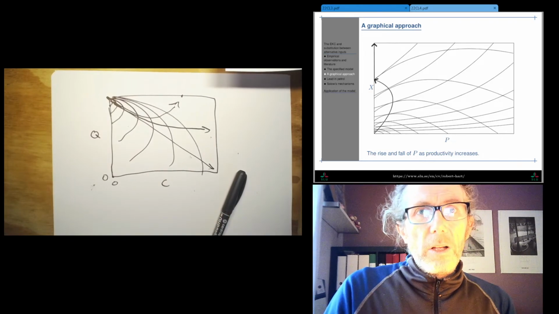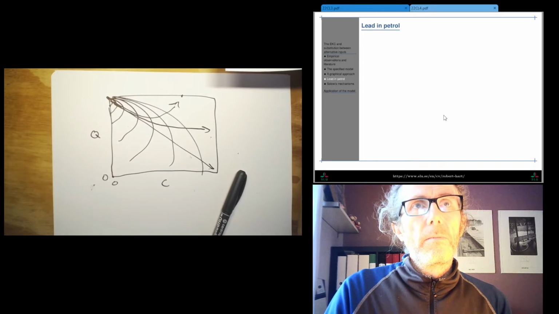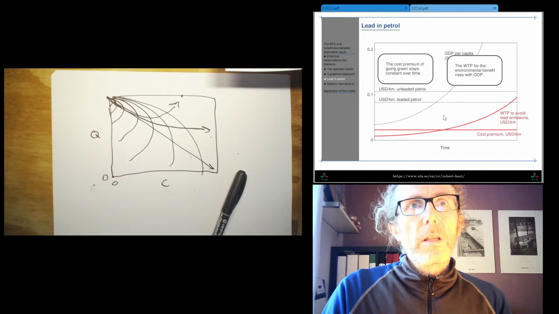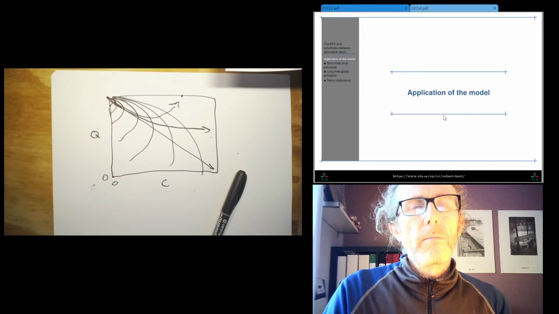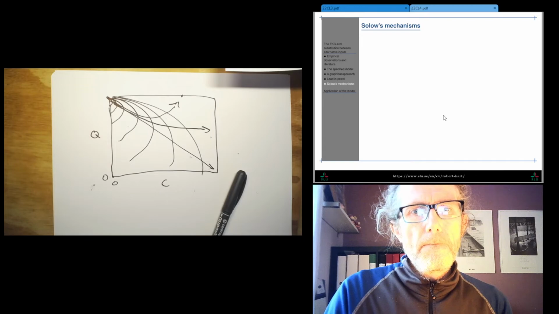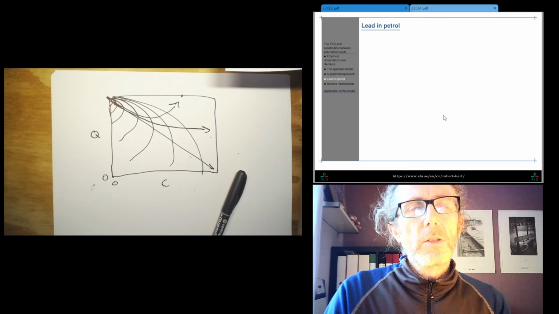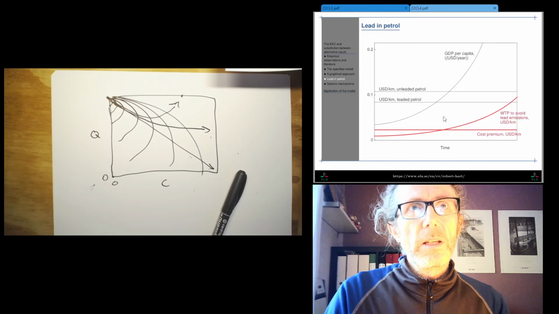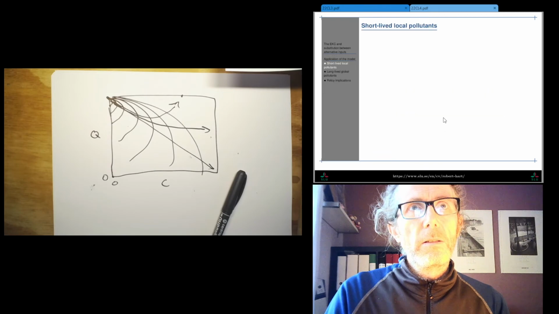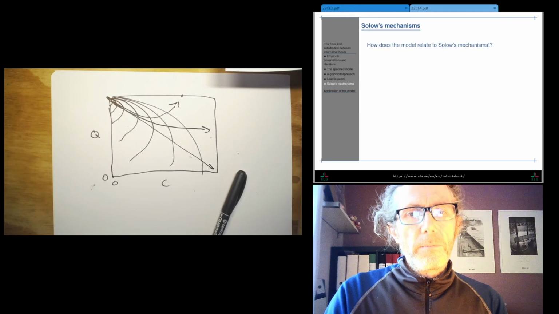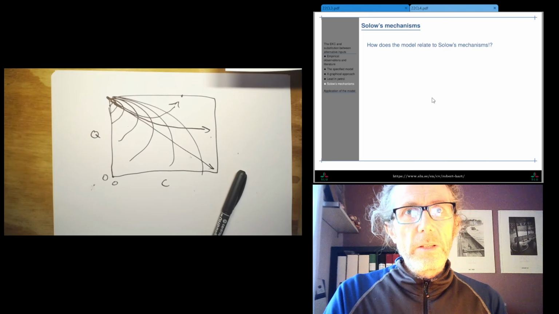That's the model. What can we learn from it? I think I'm going to change the order of these slides a bit. So I think I'm going to stop there and I'm going to say, what can we learn from the model? Actually I'm going to redo these pictures a bit.